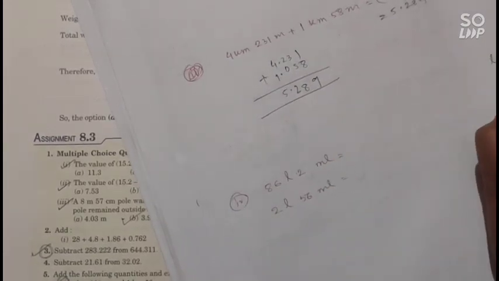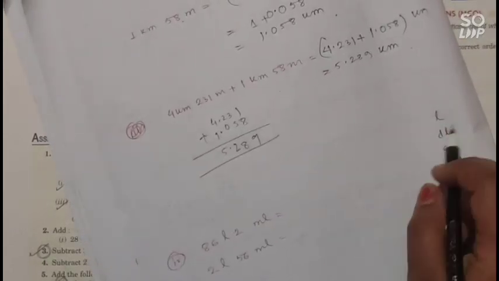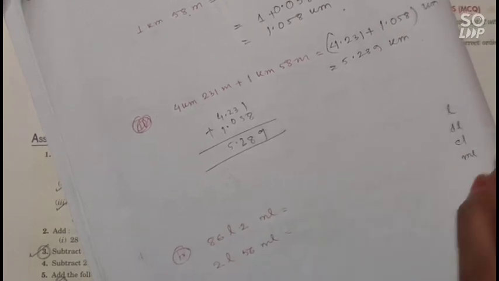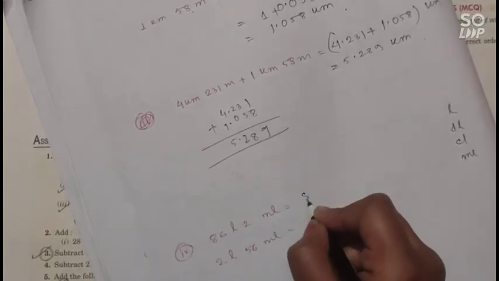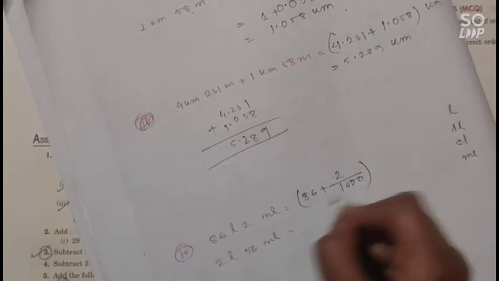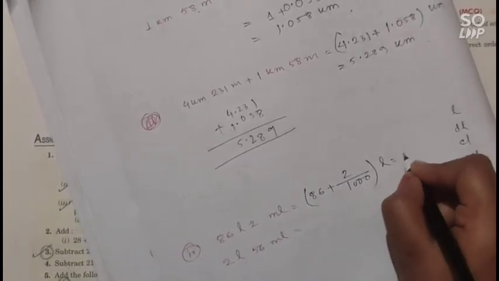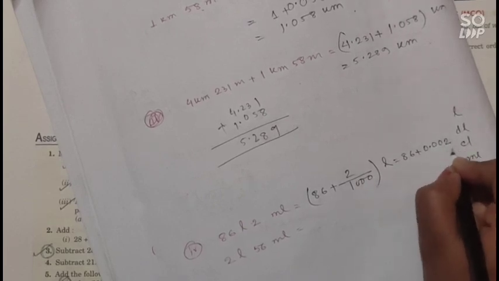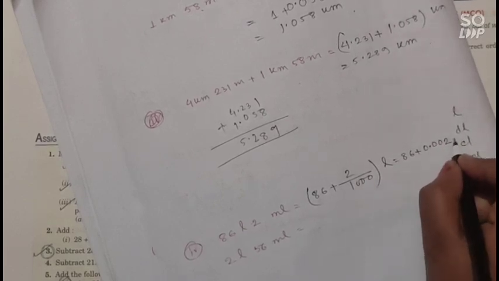So liter, deciliter, centiliter, milliliter. To convert milliliter into liter, that means you have to go to the upper side. That is, you have to divide by 1000 because there are 3 steps. 86 plus 2 by 1000 liter. So this will be 86 plus 0.002. This much liter.